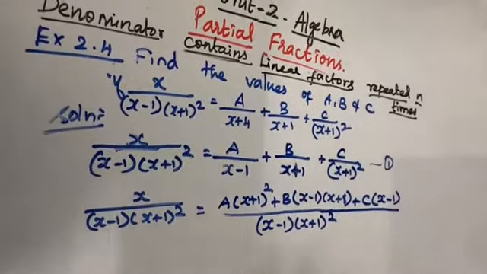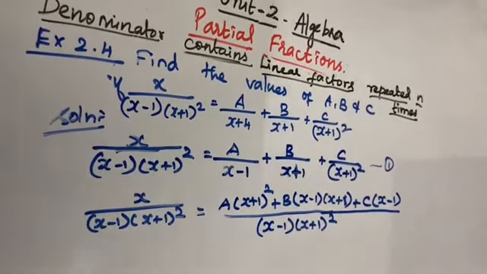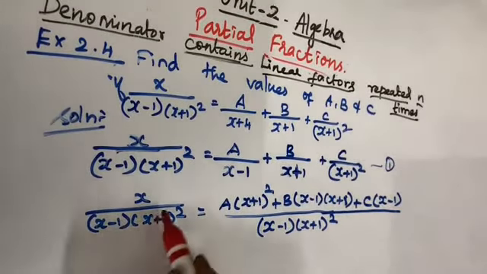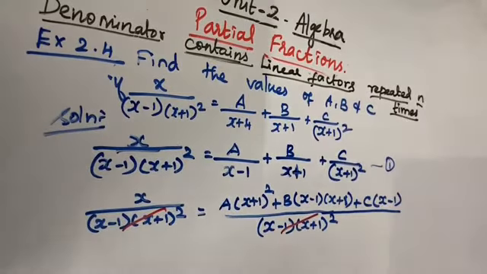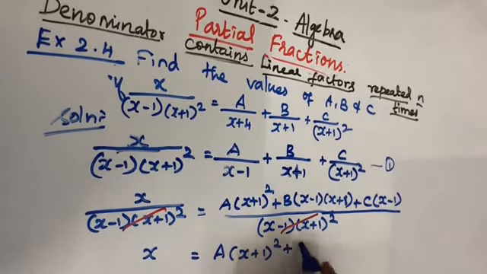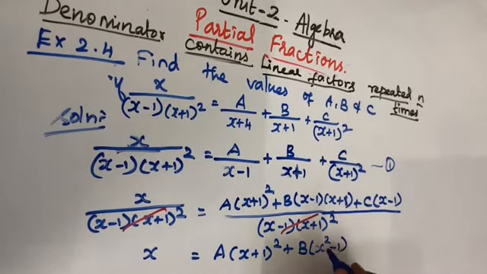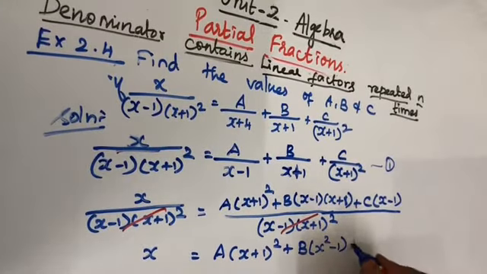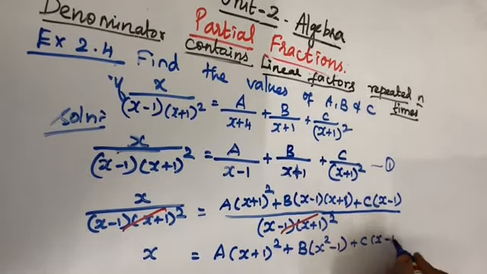Okay. So, on both sides we can cancel the denominator and equate the numerators. So, x is equal to a into (x plus 1) the whole square plus b into (x minus 1) into (x plus 1), we can write it as x square minus 1, plus c into (x minus 1).